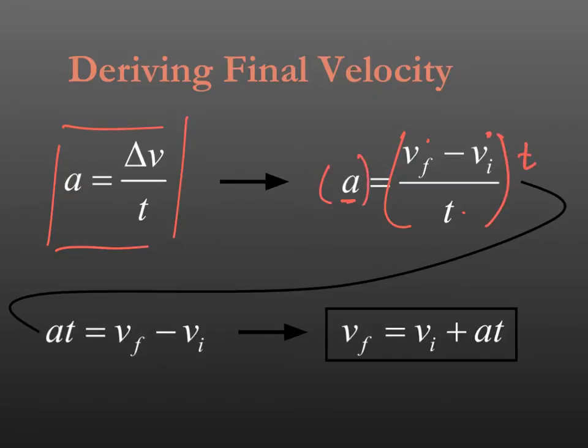So we're going to multiply both sides by t, which gives us At equals Vf minus Vi. I'm going to add Vi to both sides, so it cancels out here. And what we're left with is final velocity is equal to initial velocity plus A times t. This A times t represents the change in velocity. Our initial velocity is of course whatever we start out with, plus the change in that value gives us our final velocity.